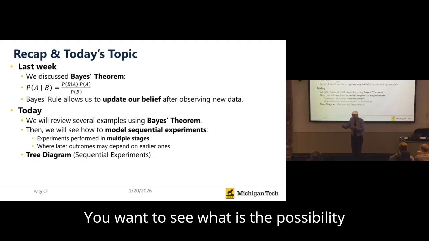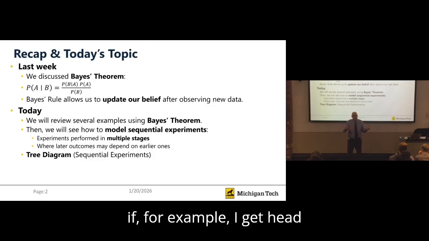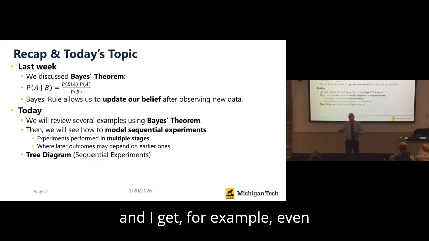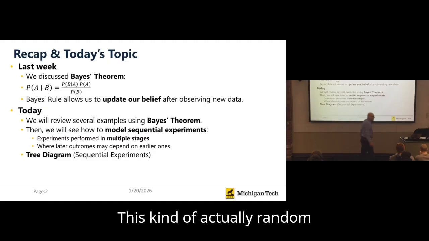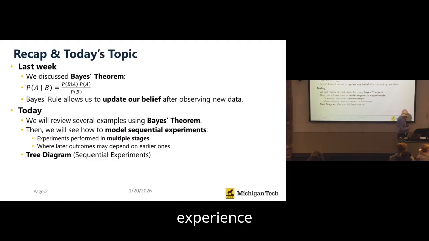You want to see what is the possibility if, for example, I get head and I get, for example, even numbers together. This kind of random experiment is called sequential experiments. They're sequential after each other.